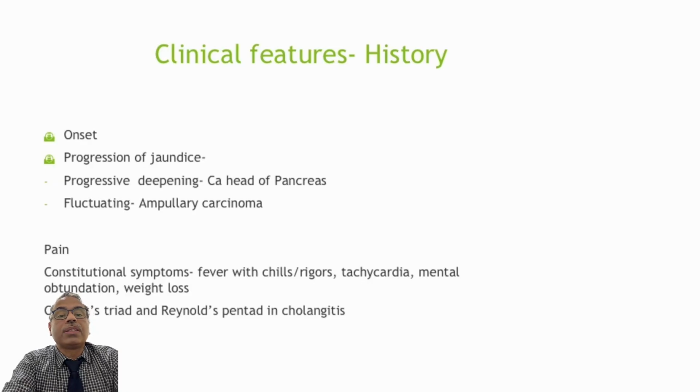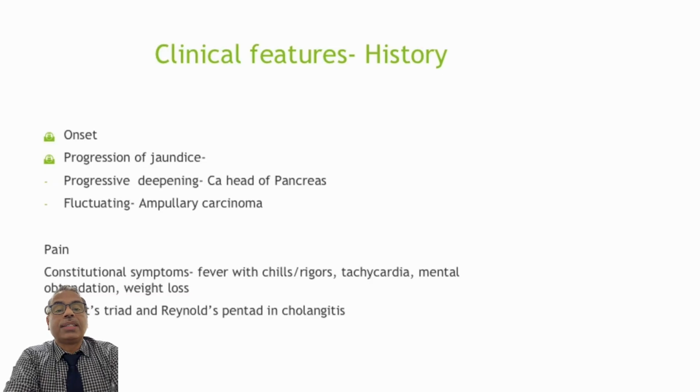Sometimes the jaundice may fluctuate, or wax and wane. That means sometimes it increases in intensity and sometimes it slightly alleviates and the patient's symptoms are also relieved. This fluctuating jaundice is classically seen in ampullary carcinoma.